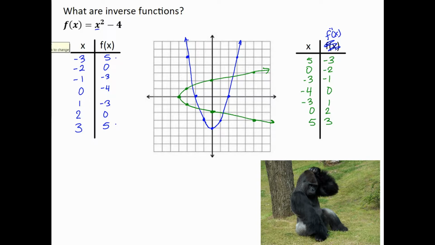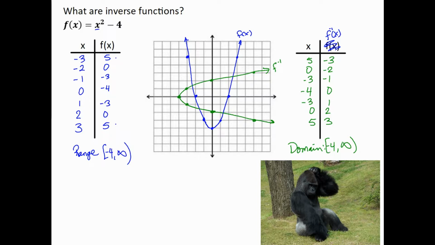Notice the range of my original f of x. The range of this function is going to be negative 4 to infinity. I want you to make the connection to what we get here for the inverse: for the domain, we get negative 4 to infinity.